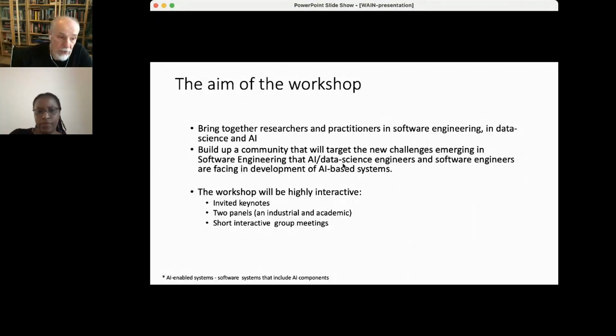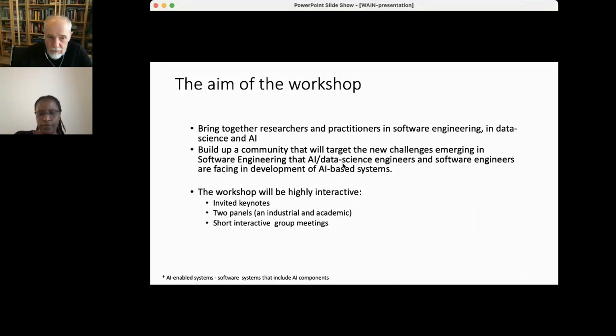So what is the aim of the workshop? We have the following goals or wishes. First, put together researchers and practitioners who can exchange experience. And the second one, get together experts in software engineering, which of course is not a problem at the ICSE conference, but get them together with data scientists and AI experts.